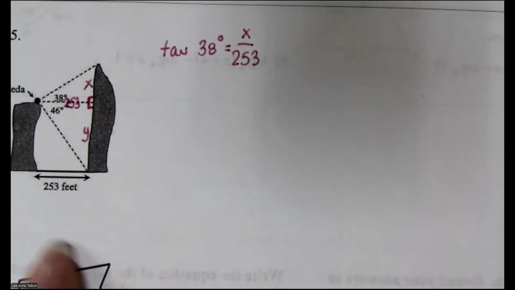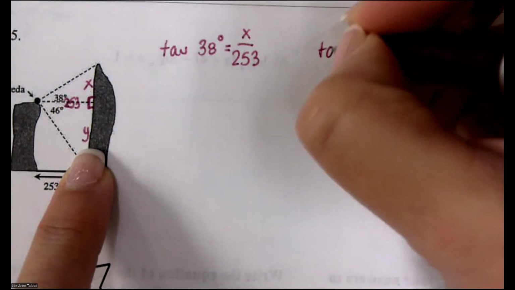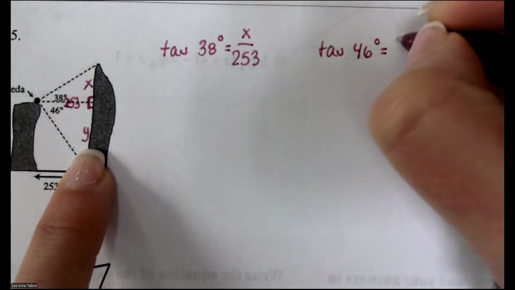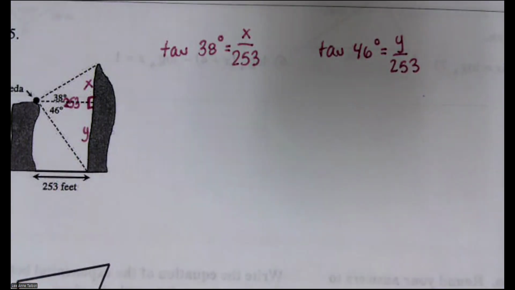Okay, what about y? Which trig function? Tangent again. Tangent 46 degrees equals opposite over adjacent. Okay, everybody, multiply both sides by 253 in both equations. Get the answers from the calculator and then add them together to find the height of the wall.